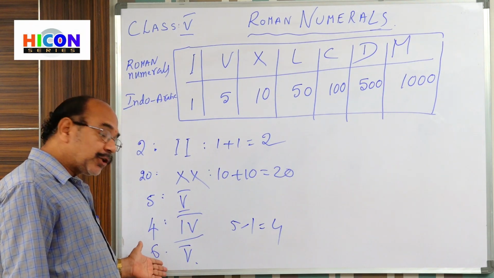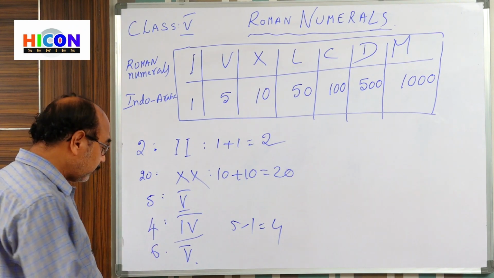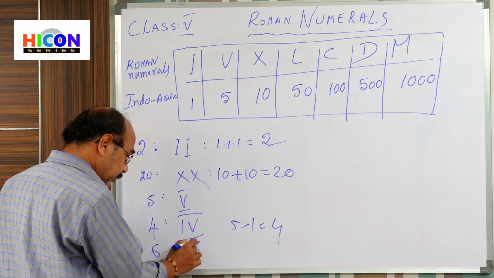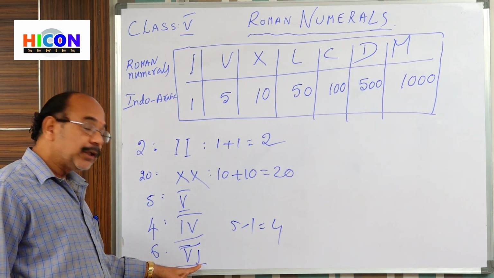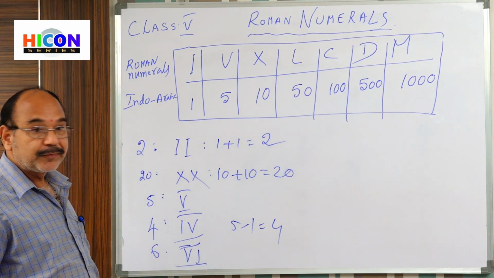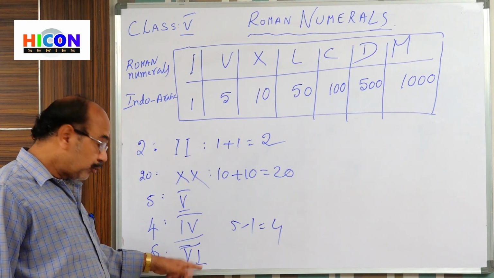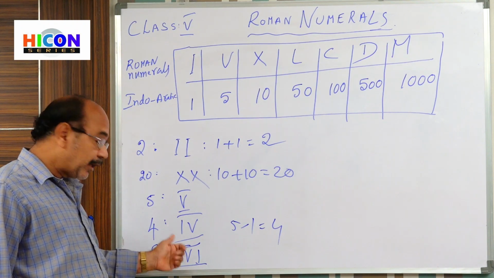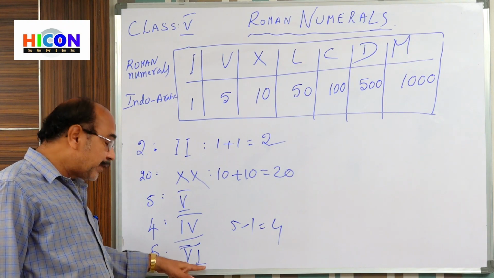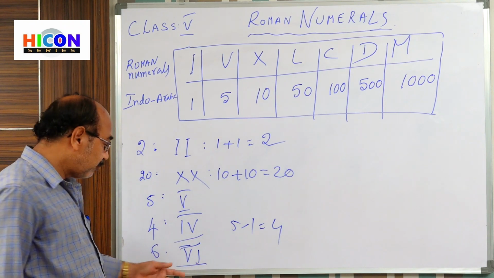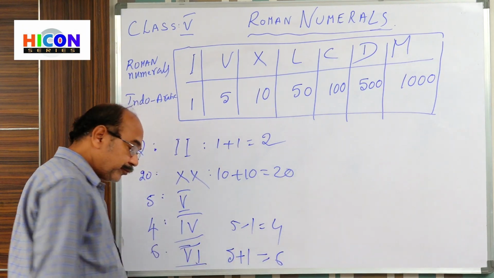So we write that smaller number 1 to the right side of V. Here V is the big one, I is the smaller. We are writing the small one to the right side of the big letter. That means if we write on the right side, then we add 5 plus 1, that is equal to 6.